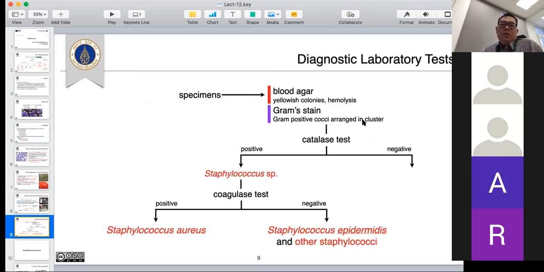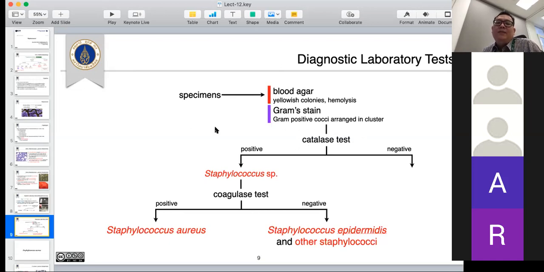So let you remember easier. When you get specimen culture on blood agar, you observe yellowish colony or white colony, that's okay. Perform gram staining. You need to get gram-positive cocci arranged in cluster.